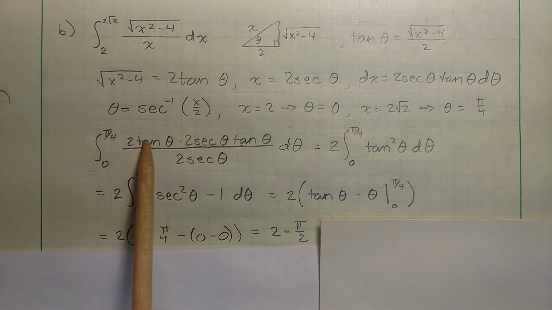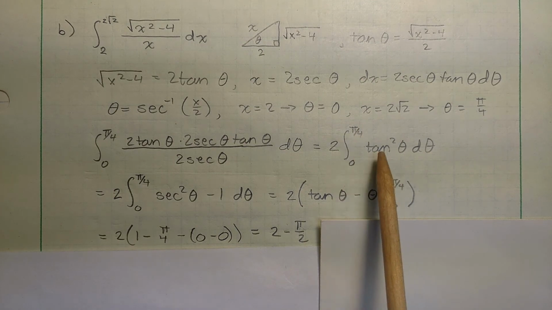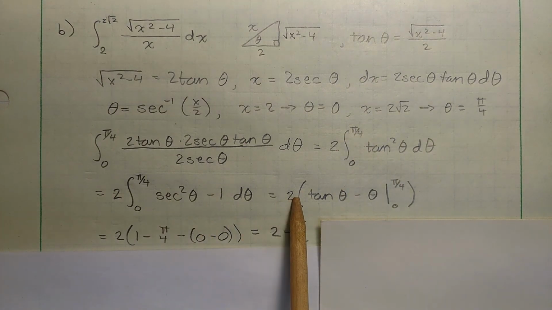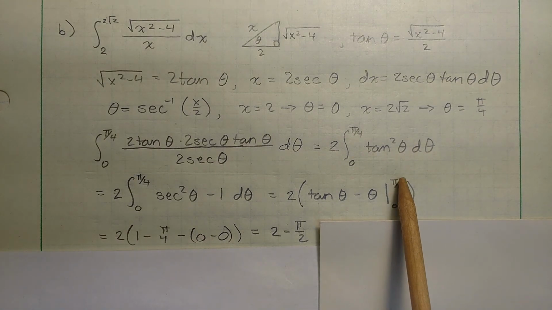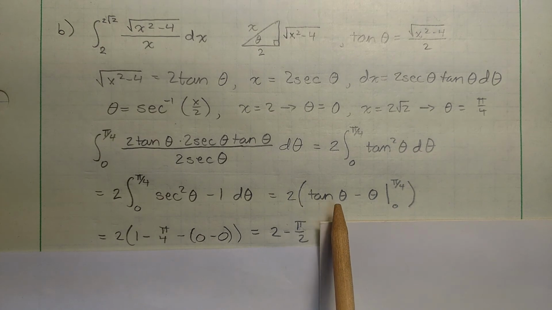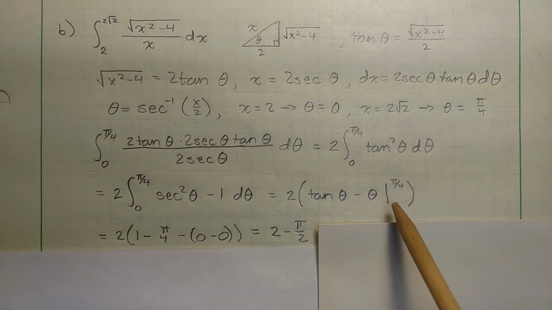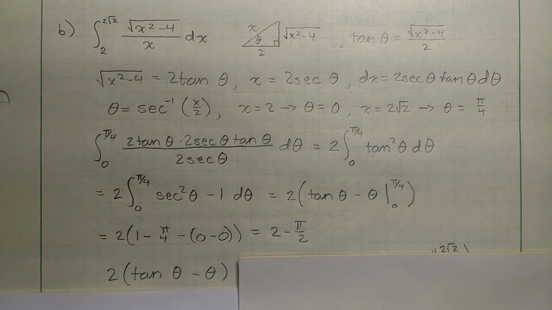But I just would have gone and done that. I would have integrated this, and I would have done all this process, and I would have eventually got to this. But remember, I wouldn't have limits here in terms of theta, so I couldn't put limits there. So I would have got to this 2 tangent theta minus theta, but I wouldn't have had any limits with it. So I just would have had this, the 2 tangent theta minus theta.